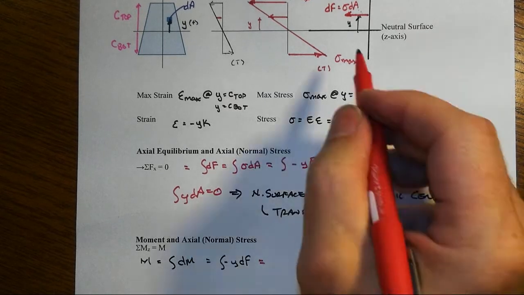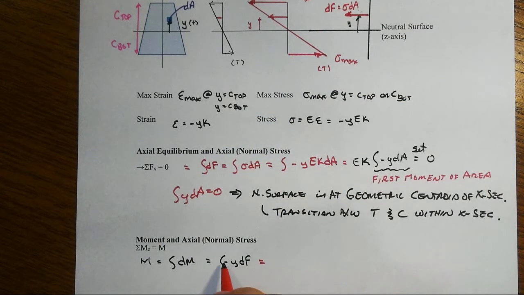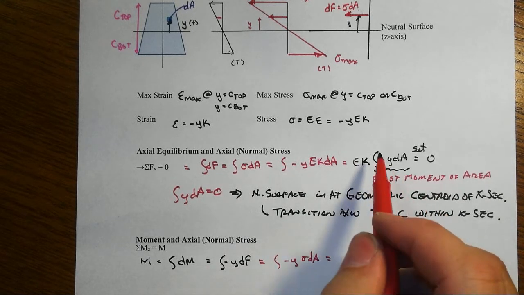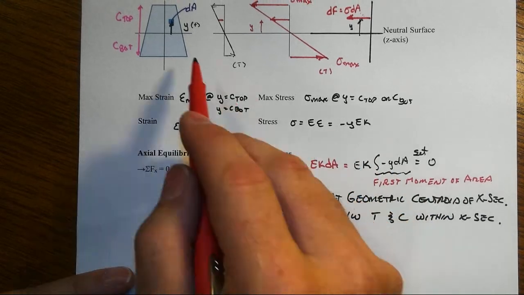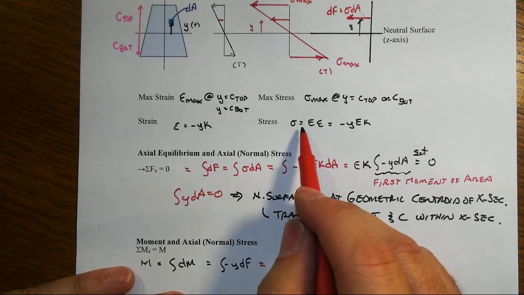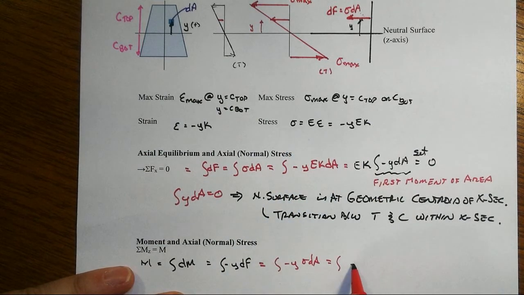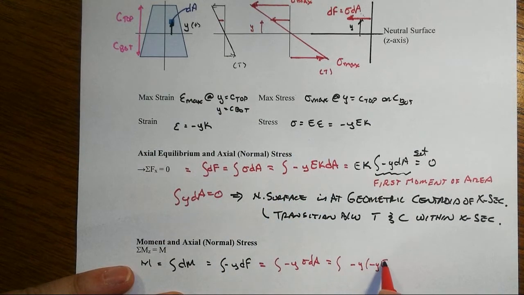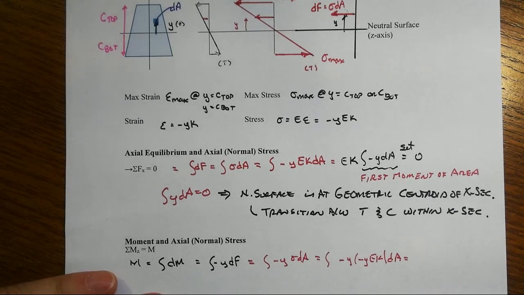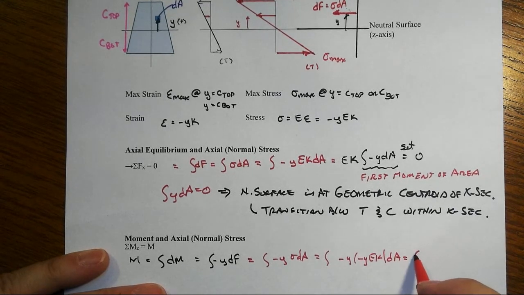Right, so now we come in here, we've got minus, we've got the dM, which is equal to the minus y times dF, and dF is itself sigma times dA. dA is just this little differential area, and sigma equals minus yE kappa, and so we get a minus minus. See, it goes away. That's why people like this approach. It becomes plus y squared E kappa dA.